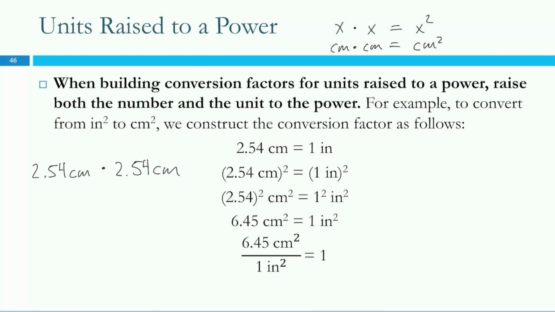This is also important for conversion factors, because if you want to do a conversion factor between centimeters squared and inches squared, because you're trying to convert areas, units of area, you need to square both of those. It's probably better for you to actually just write out the whole thing, but you could also write it as something like 2.54 centimeters over 1 inch.